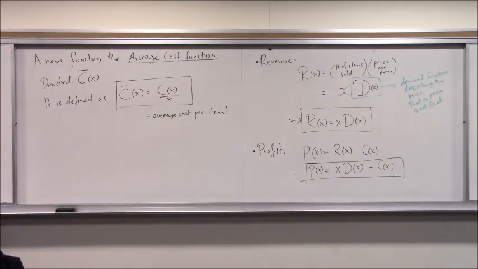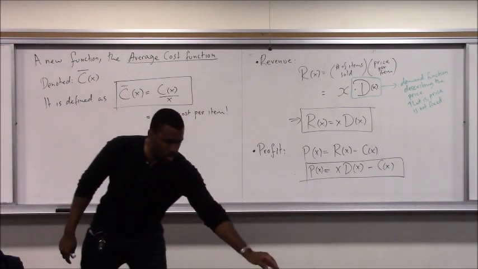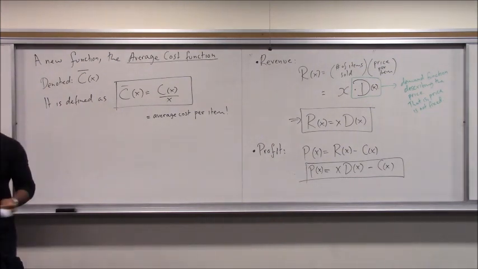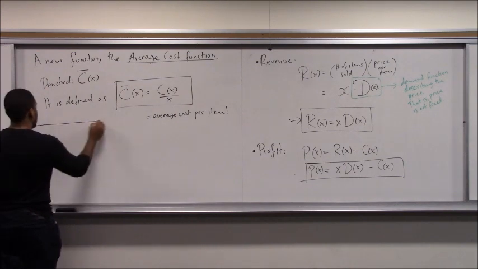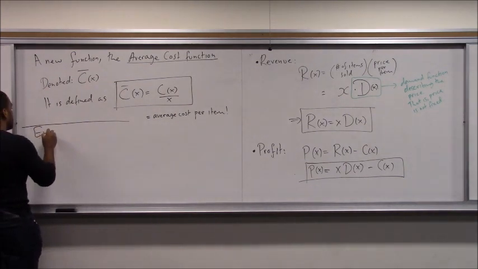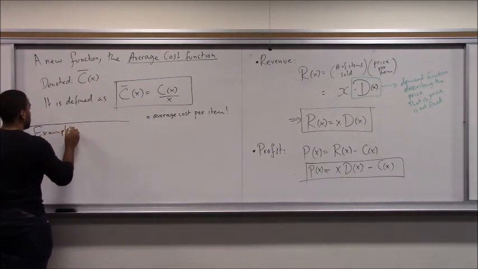So the first example, I want you to determine whether the function is a demand or a supply function. This in and of itself is a question that could be asked. They'll give you a couple functions and they'll ask you, identify which one is the supply and demand. Let's do some examples. 1.